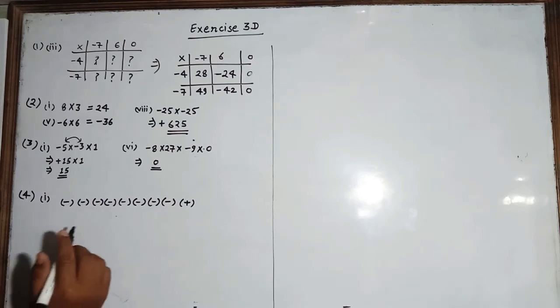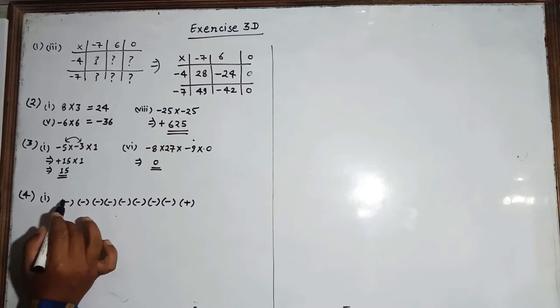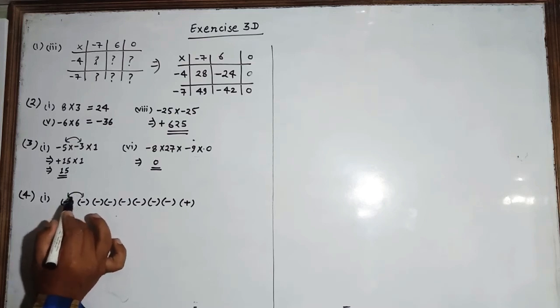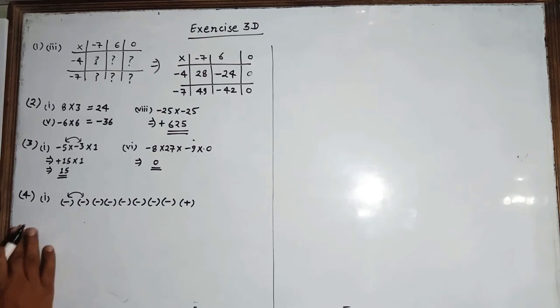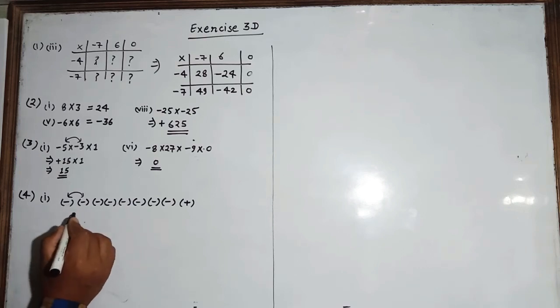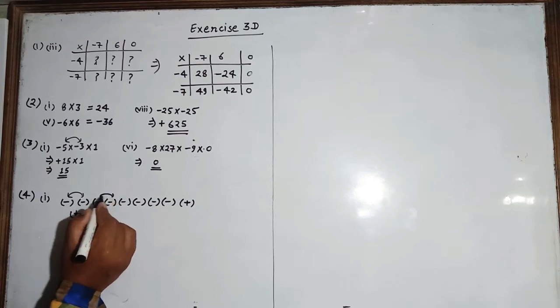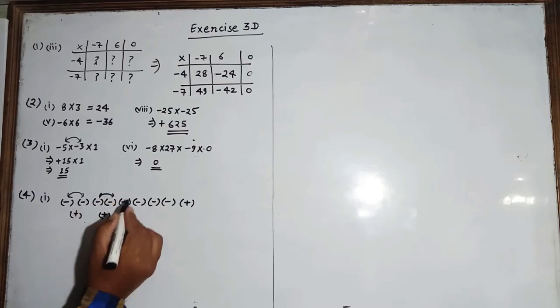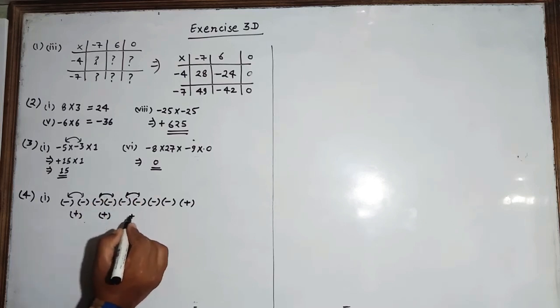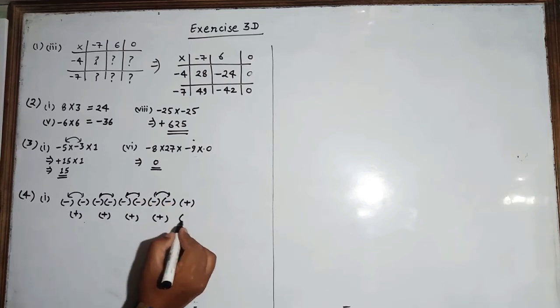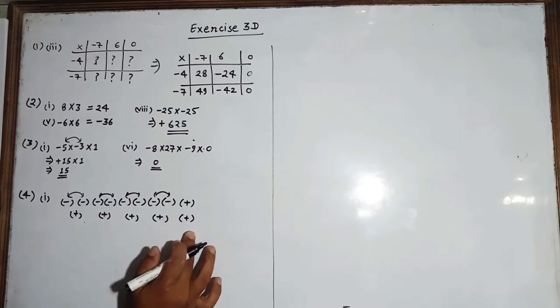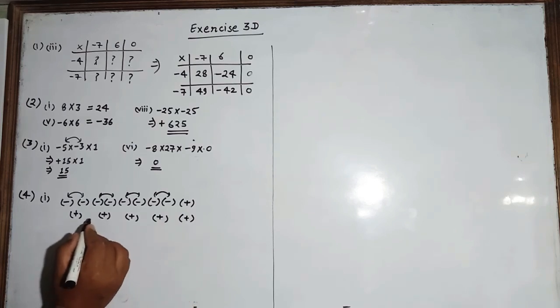You know that if we are multiplying negative numbers an even number of times, like minus minus, it will become plus. These two, again minus into minus, will be plus. Again minus into minus, plus. Again these minus will be plus. Now you know that plus is multiplied with plus only, so our result will be positive.